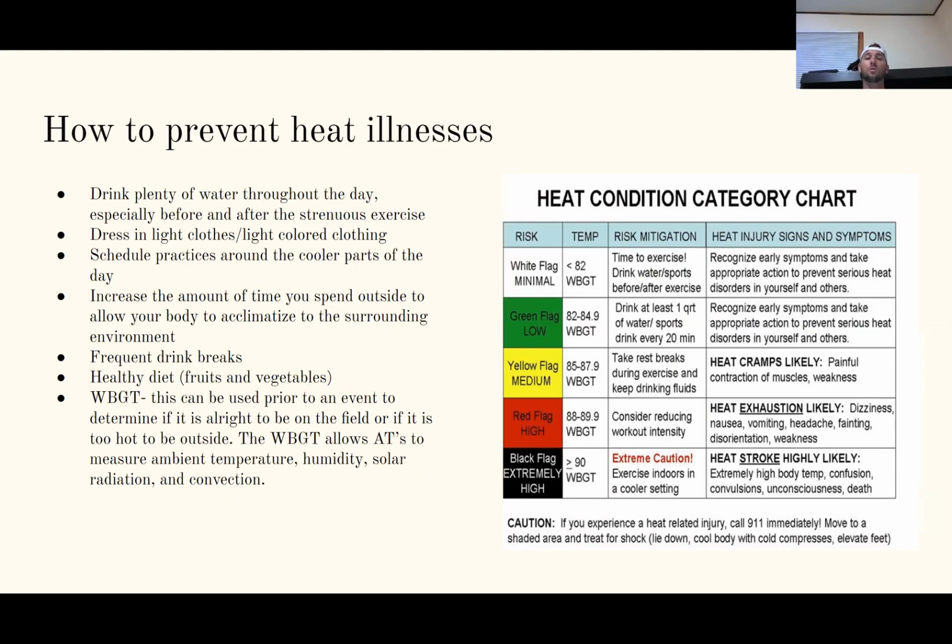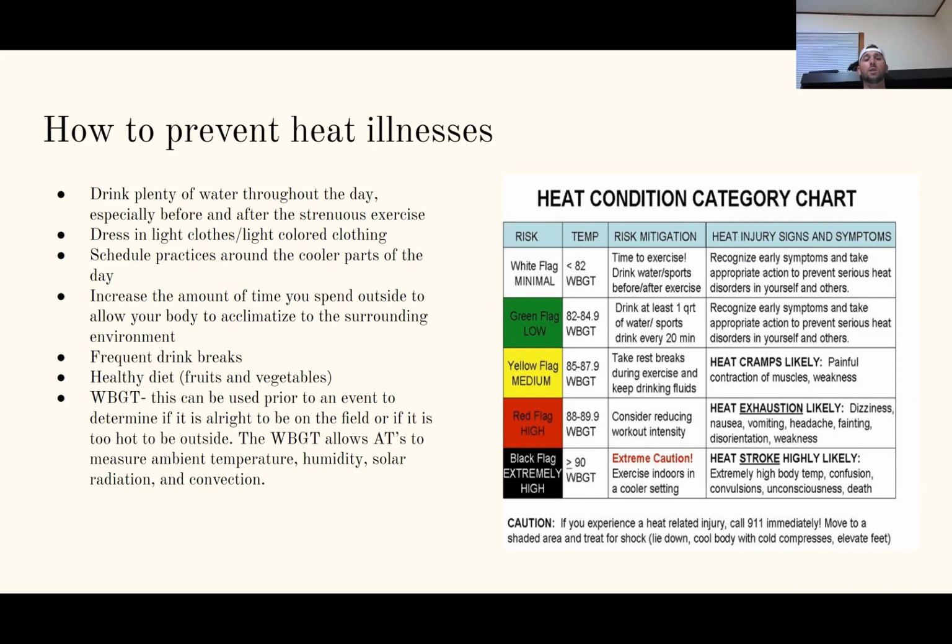That plays a big key role for the athlete as they get used to the environmental stress around them. Make sure there are plenty of water breaks for the athletes every few times within an hour. And then next, a healthy diet. Fruits and vegetables that are full of water can help rehydrate the athlete and provide essential nutrients.